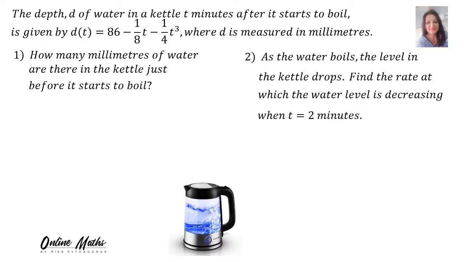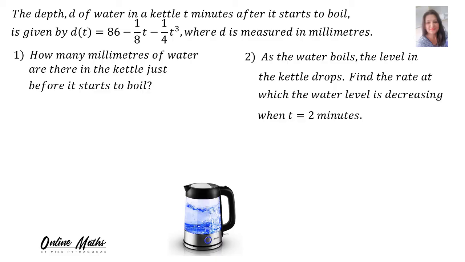Example 3. The depth D of water in a kettle T minutes after it starts to boil is given by D of T, and then I give you the equation where D is measured in millimeters. Number 1. How many millimeters of water are there in the kettle just before it starts to boil?